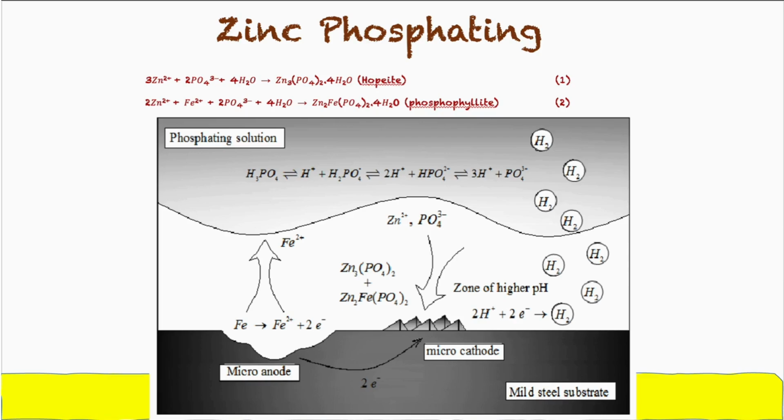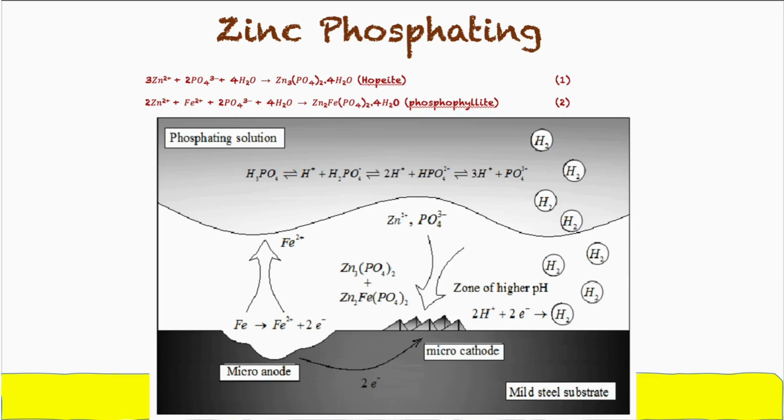Remember, when iron phosphating was done, it involved the precipitation of ferrous ferric phosphate, wherein a monolayer was formed. Here zinc is there, so a co-precipitate of zinc and ferric phosphate is formed on the steel surface.